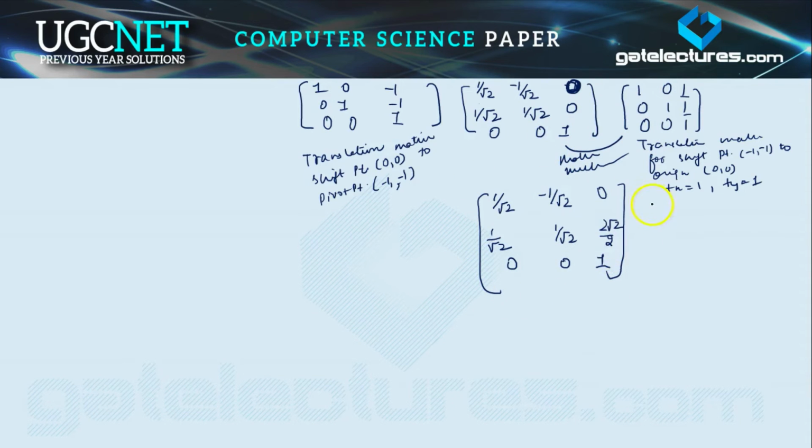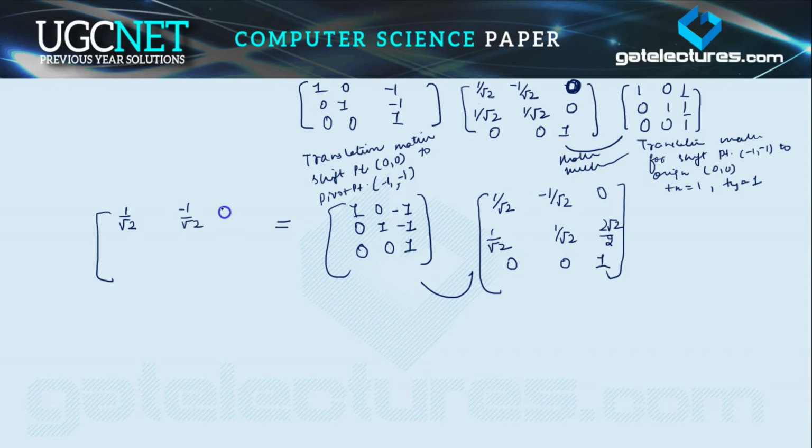Okay, so this is the matrix multiplication of these two matrices, and the left out matrix is this: 1 0 minus 1, 0 1 minus 1, and this is going to be 0 0 1. Now apply the matrix multiplication on these two matrices, and the result is 1 by root 2, this is going to be minus 1 by root 2, and this is minus 1. 1 by root 2, 1 by root 2, and this is going to be 2 by root 2 by 2, and this is 0 0 1.